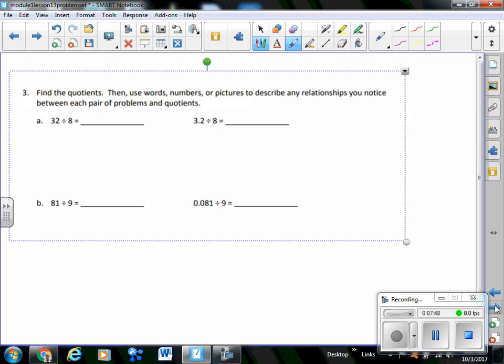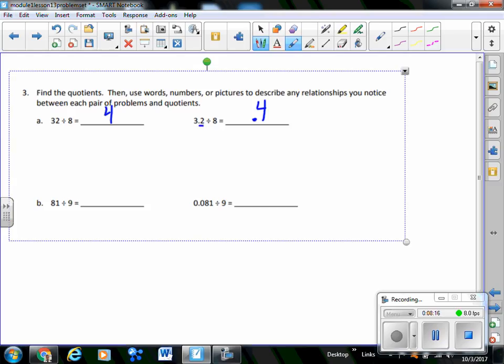Okay, number 3. Find the quotient, then use words, numbers, or pictures to describe any relationship between each pair. Biggest thing, guys, I want to see is if you can actually solve them. 8 divided by 32, 4. 8 divided by 3 and 2 tenths, it's going to be a 4, but since we go to the tenths place, we need to make it a tenths.